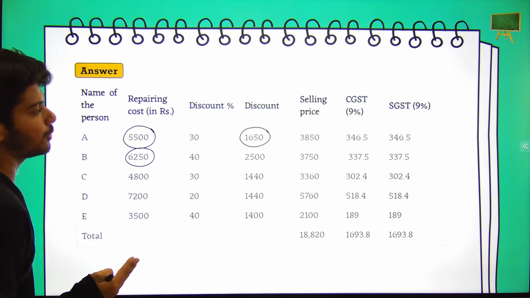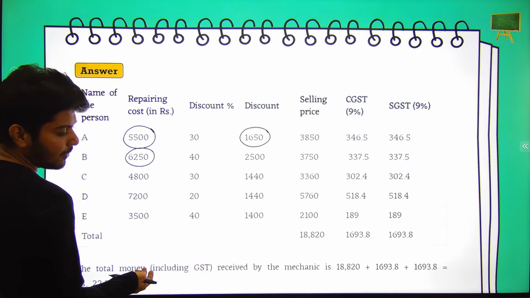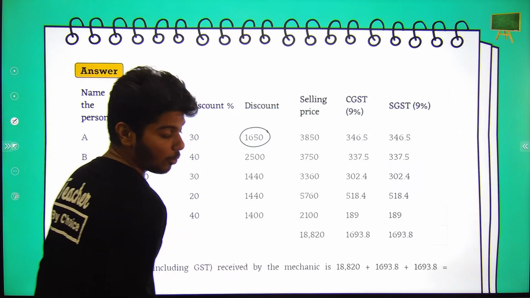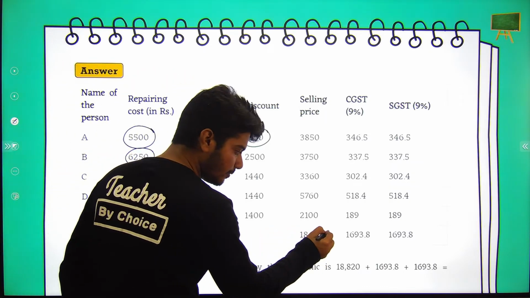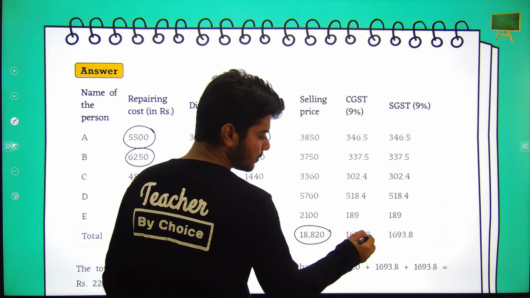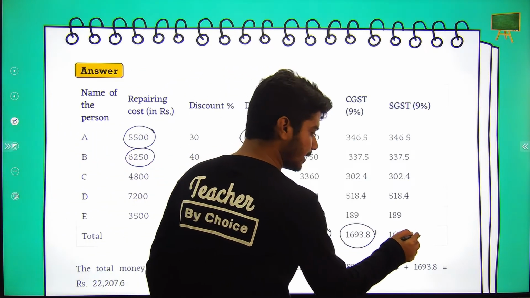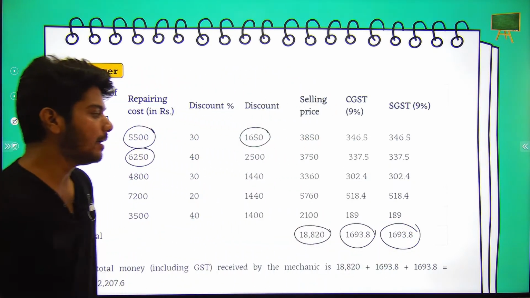Now we are going to see how much total money is received by the mechanic. First of all he will receive this money, he will receive this tax amount, and he will also receive this money from the customer.